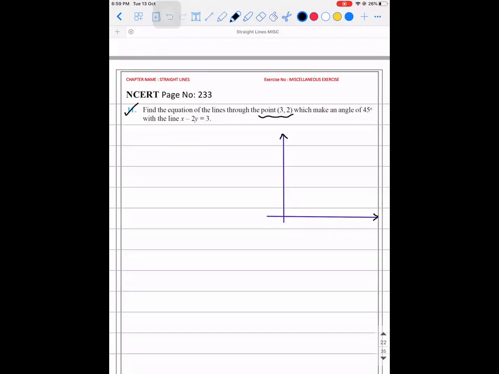So find the equation of lines, means there are two lines which are passing through the point 3, 2, which is in the first quadrant. x minus 2y is equal to 3. So it is making an angle 45 degrees.